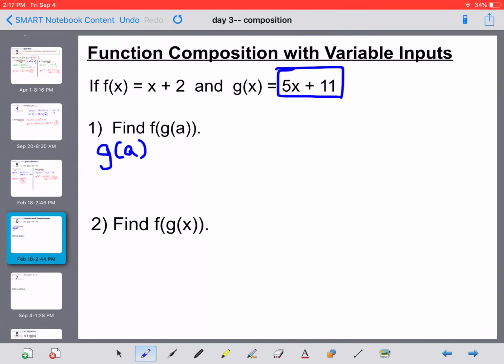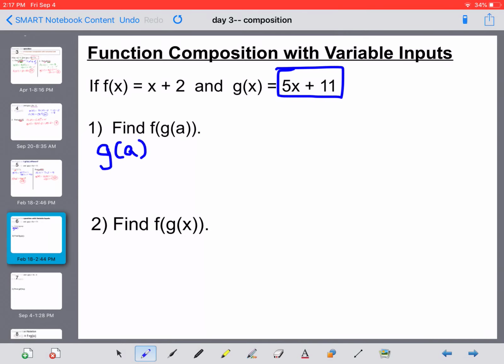And that is the intermediate answer that I'll take when I substitute into the outer function, which again on this one is f. So I will find f of our previous answer, which is 5x plus 11, going into the x plus 2 function. And as we're working this one through, I think you'll see that it's pretty similar to the last one.